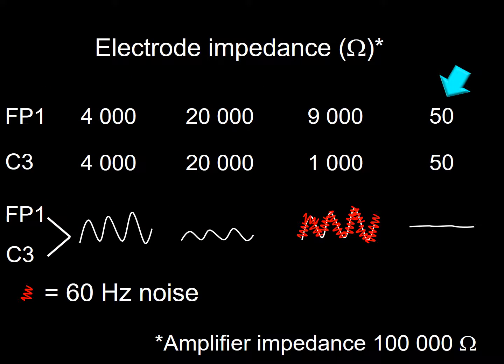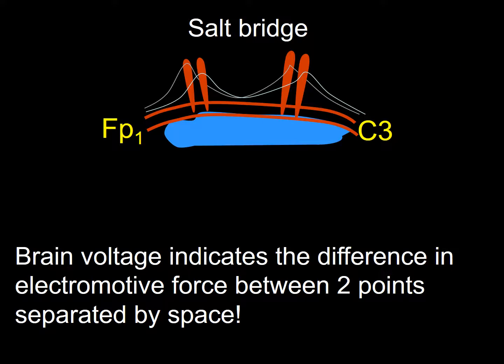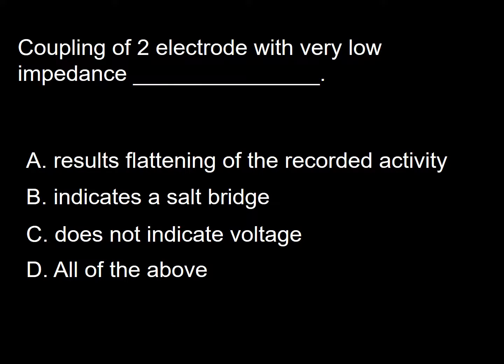Coupling two electrodes with very low impedance results in flattening of the recorded activity. This is due to the formation of a salt bridge between the electrodes. So the answer to this question is D.